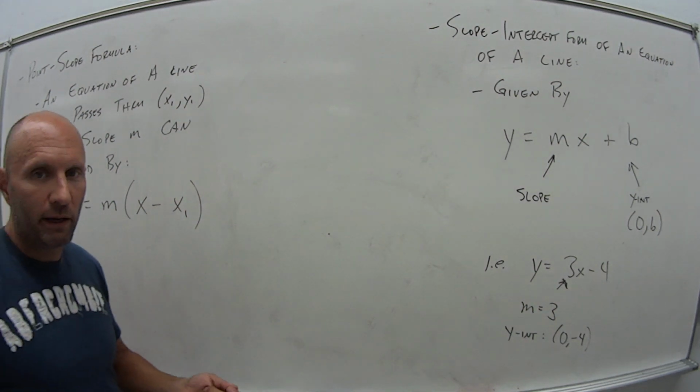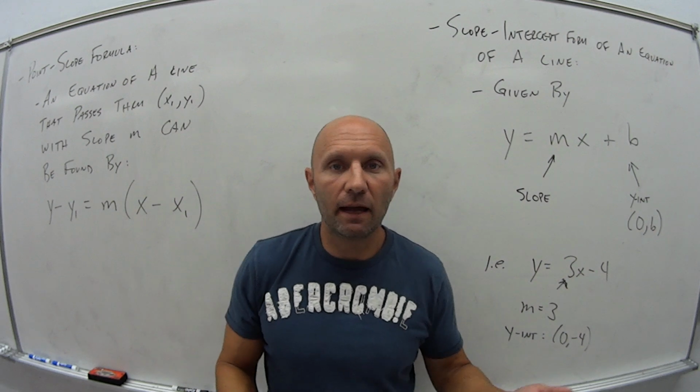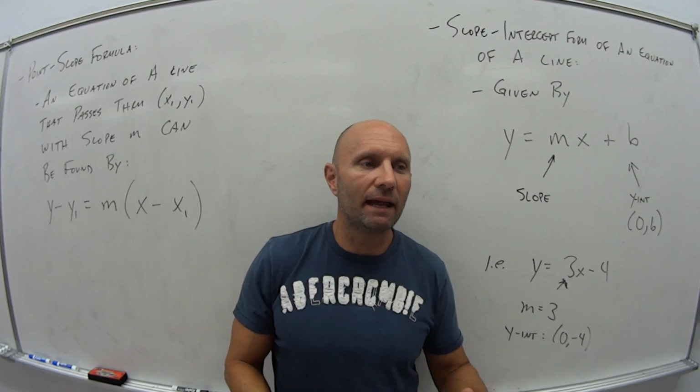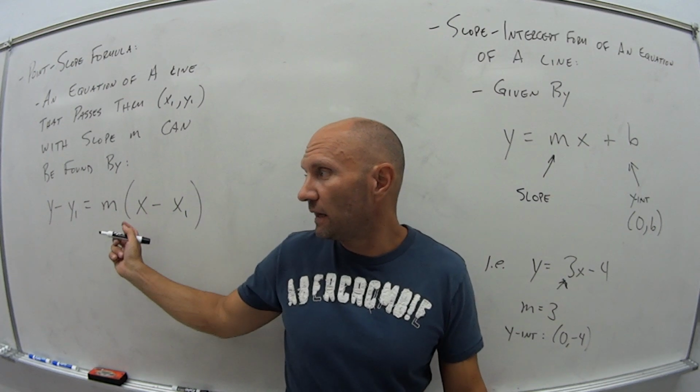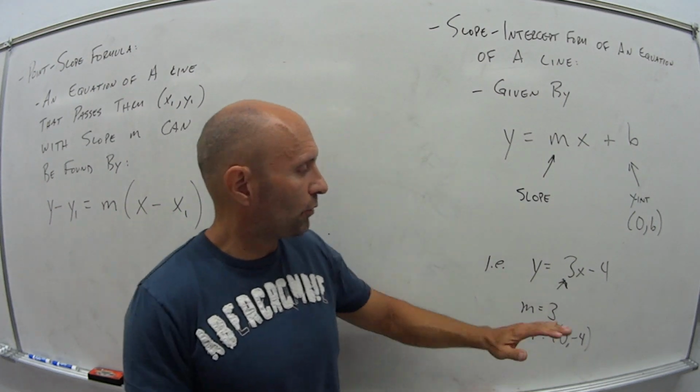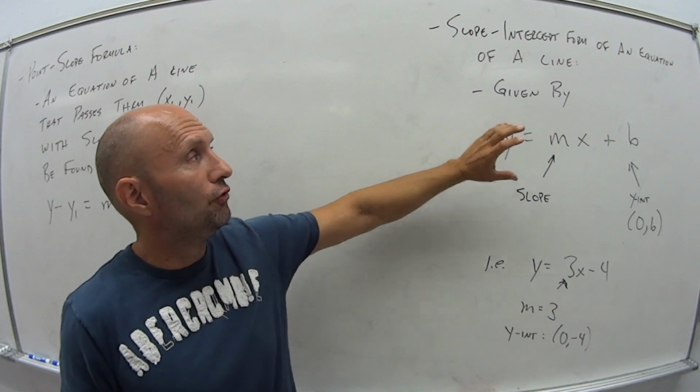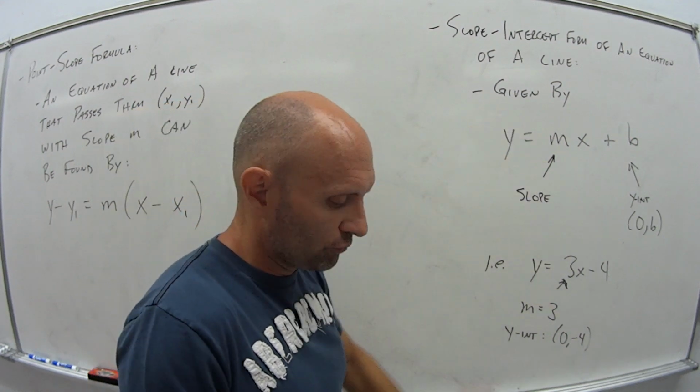So if I have a point that's on a line somewhere, and if I have the slope of that line, I can figure out the equation of that line by plugging in that information, move the pieces around, and I can get it into slope-intercept form if that's what's required of me.